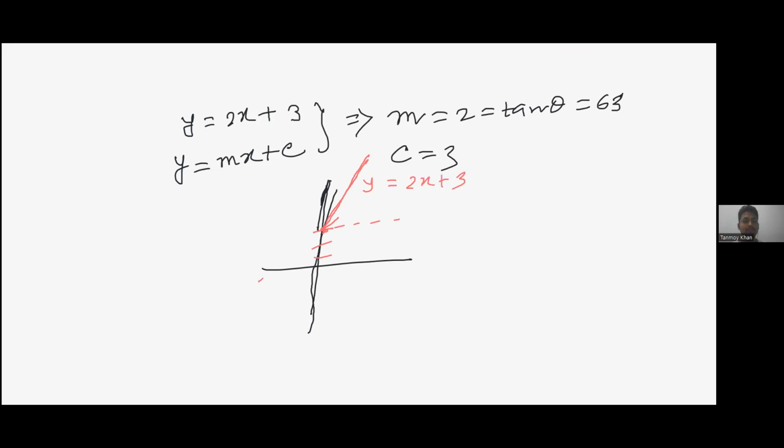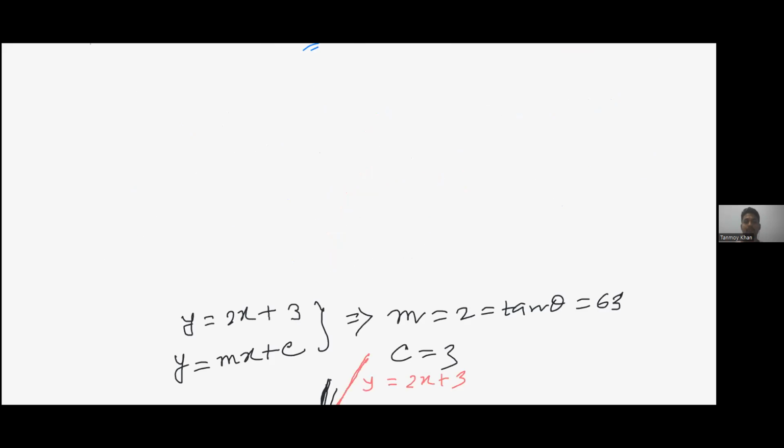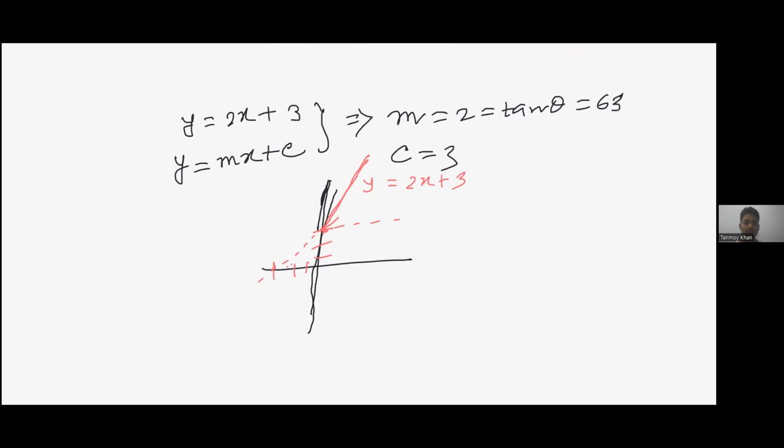If you just extrapolate it, it will cut the x-axis at 1.5 only, whatever you have got from this. It is a similar line. So you can use any approach to go there. You just need to know the equation beforehand.